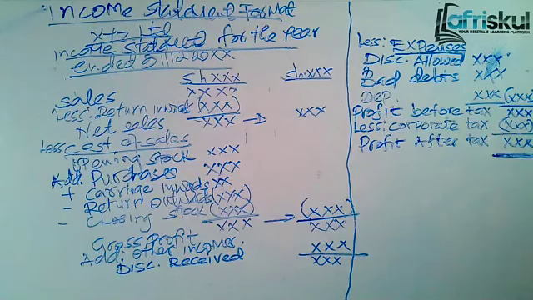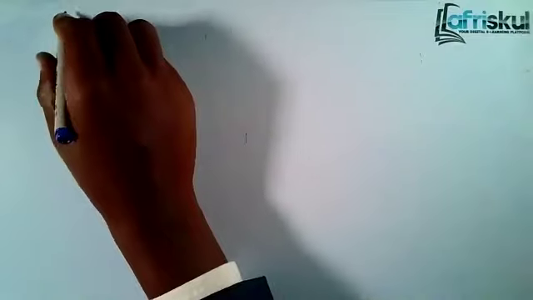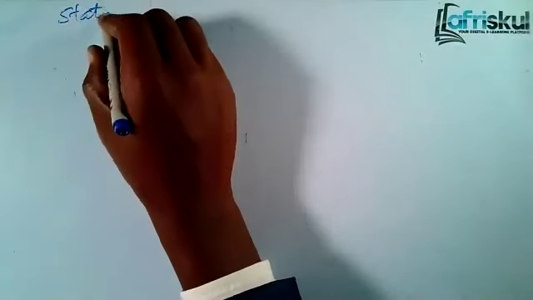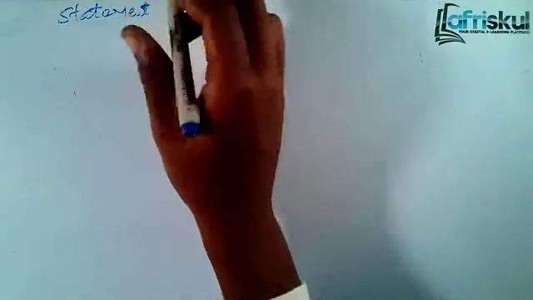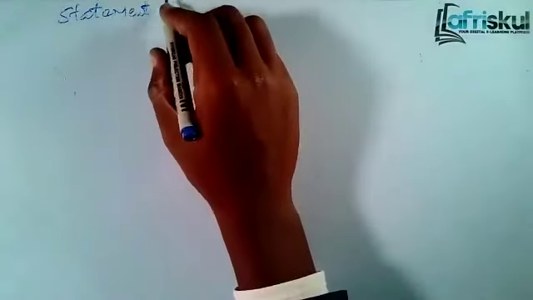So now from there again, you can as well be asked to prepare the statement of changes in equity. And I've said, in this case, you only base on the equity items. And I've said the equity items comprise of what?